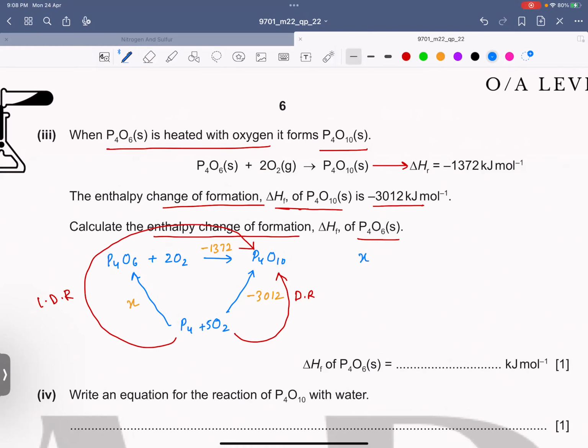So it would be X plus minus 1372 is equal to minus 3012. So X would be equal to minus 3012 plus 1372. So tell me the answer, please. See, it's very easy. That's why I think they have given it for 1 mark. Yes, can anybody tell me the answer?